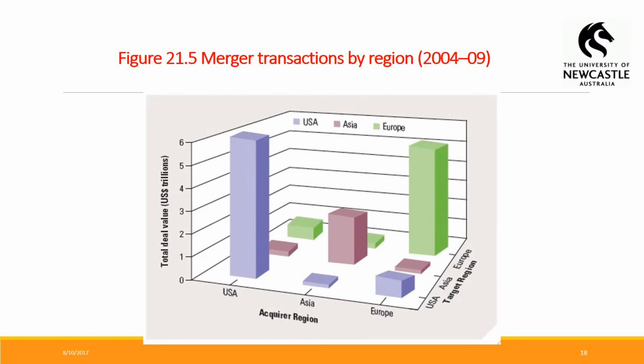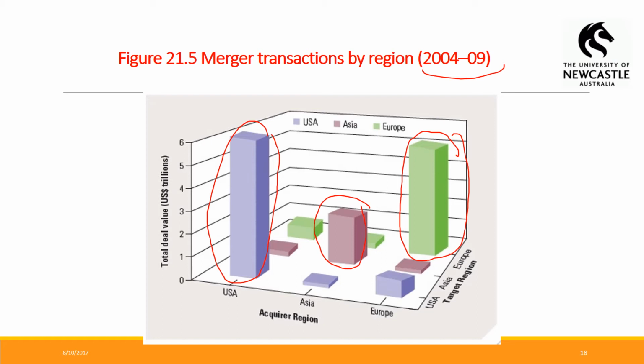In this graph, we are looking at, once again, M&A activities by region, but this time from 2004 to 2009. This picture is consistent with what we saw before, where a lot of M&A activities happen within the region itself. So M&A activities tend to be geographically concentrated within the region.